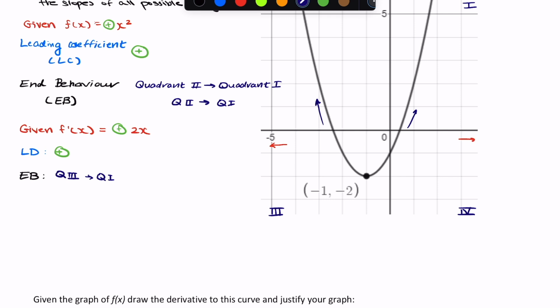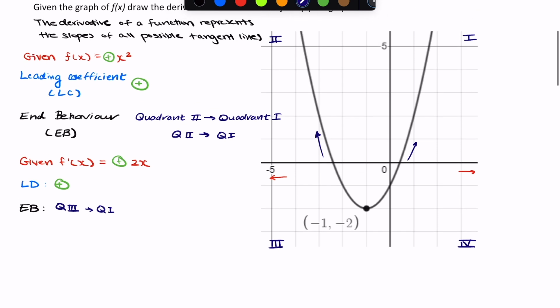If we look at some of these values on this graph, and draw a tangent line right here, we see that the slope is going to be less than 0, and f prime of x will be less than 0.